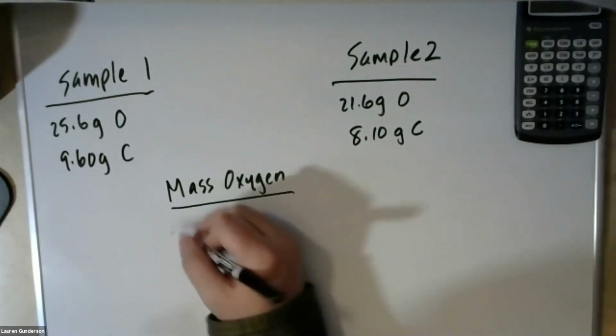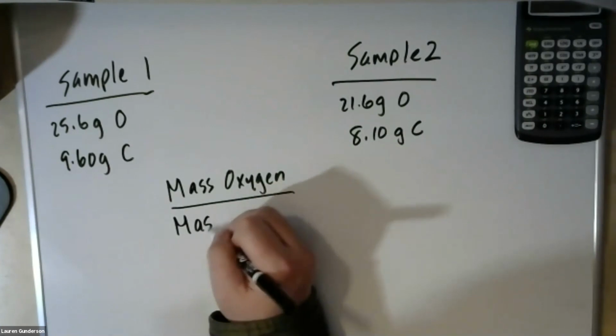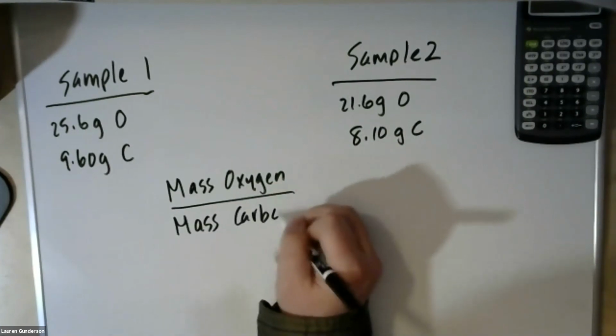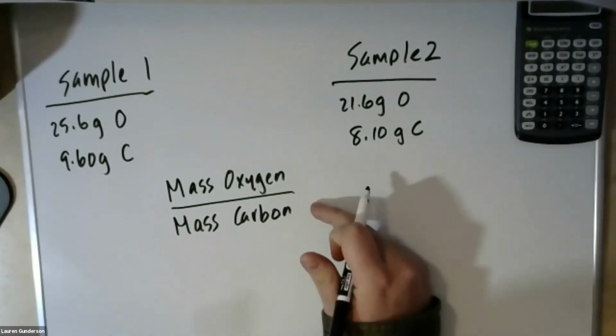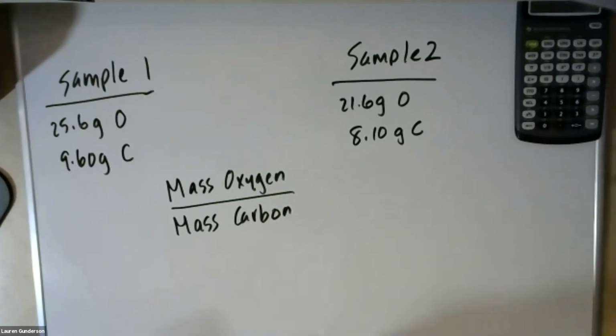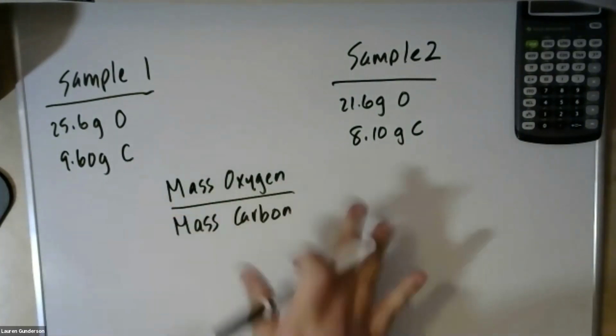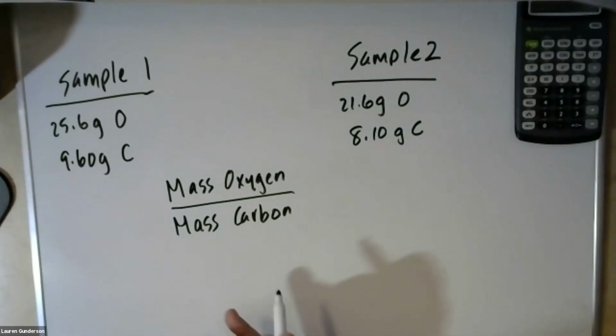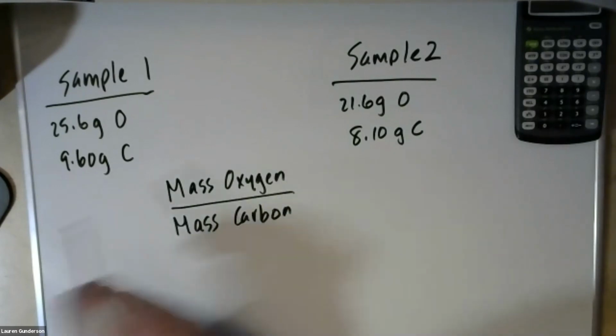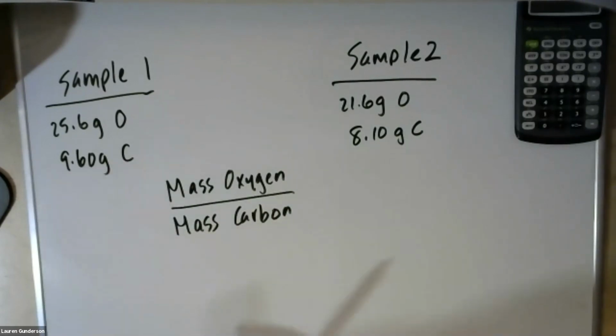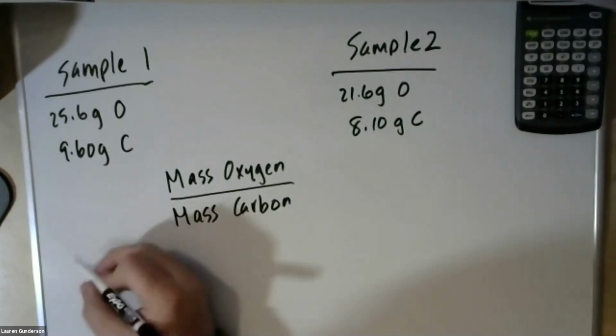That's how I like to set up these ratios when I have a choice. So we'll put the mass of the oxygen in both examples and we'll divide it by the mass of the carbon. When we do this process, if the samples are consistent with the law of definite proportions, when we do this division, we should get the same result for both of these samples. Okay?